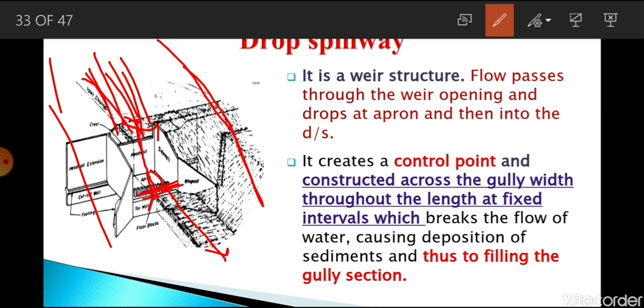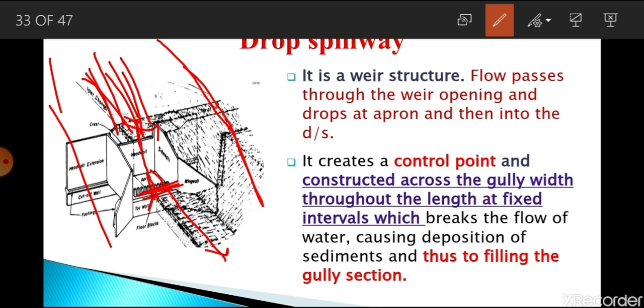Ultimately, all the control structures work in the same way. The difference is whether they are made of locally available material: rocks, boulders, bamboos, logs, wooden planks. If structured with local material, they are called temporary gully control structures.